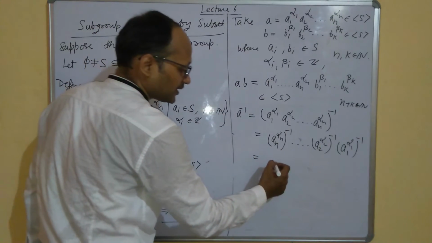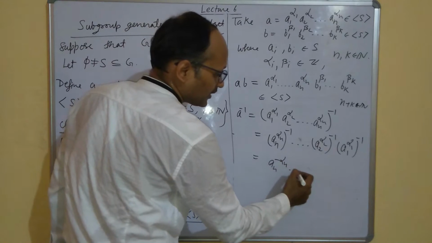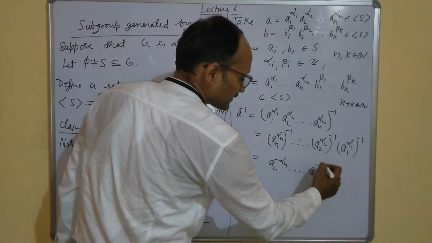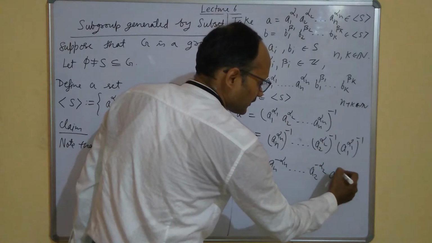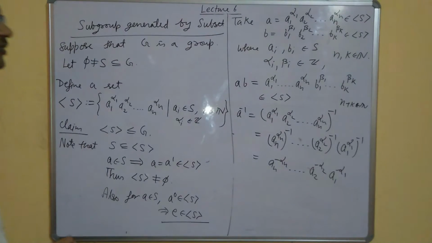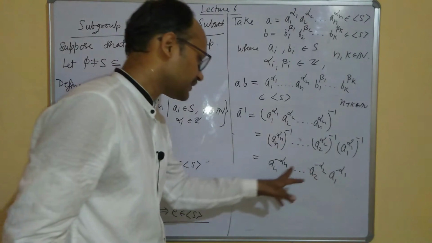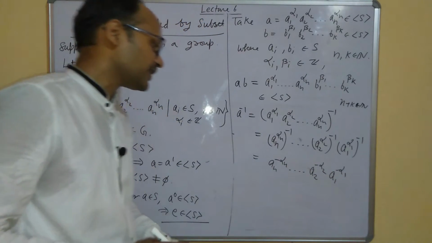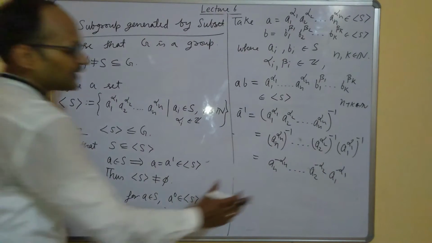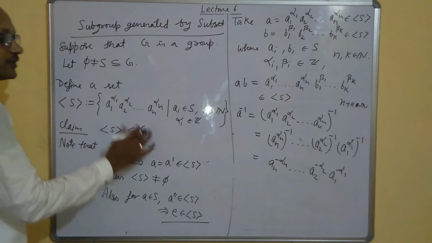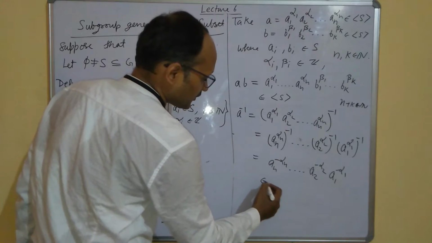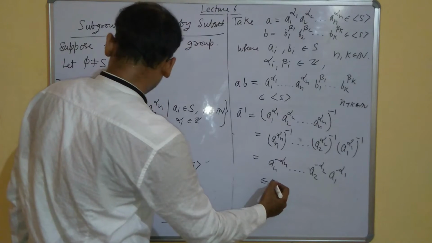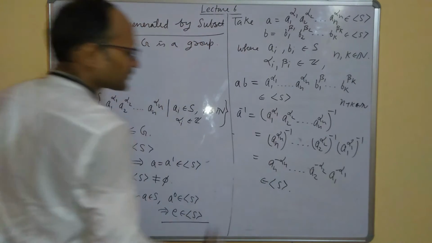But the inverse of the power means An to the minus alpha n, up to A2 to the minus alpha 2 and A1 to the minus alpha 1. Now because alpha 1, alpha 2, alpha n are integers, minus alpha 1, minus alpha 2 and minus alpha n are also integers. So this element is again of this form. So this simply means that it belongs to this set.